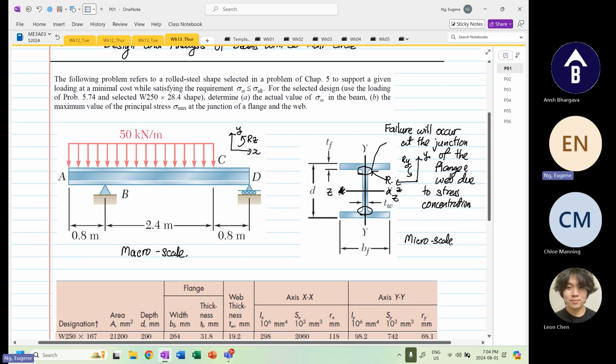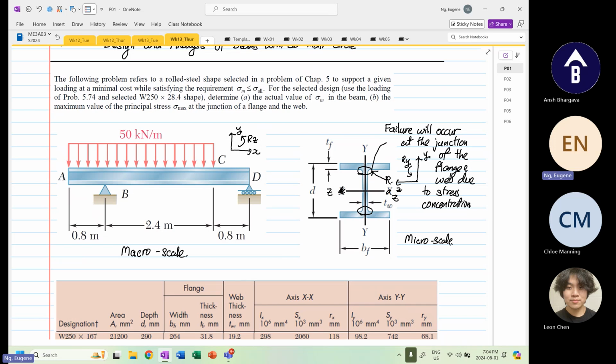So in the micro scale, we know where failure will occur.